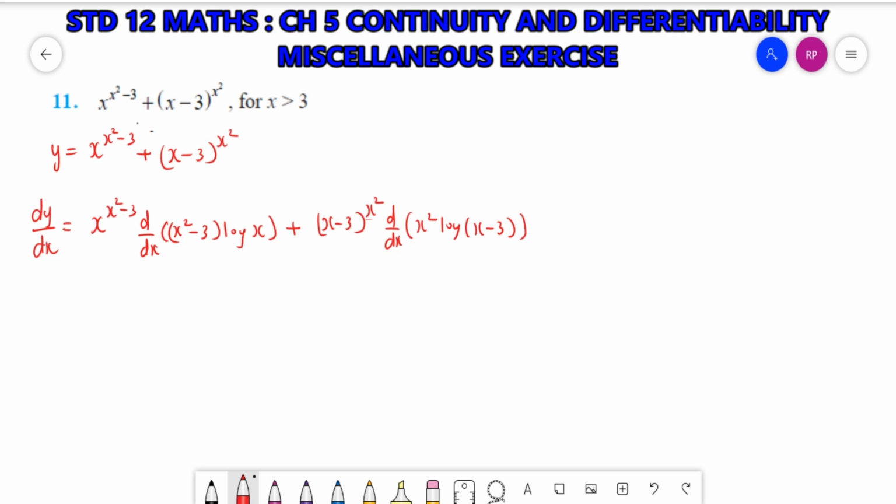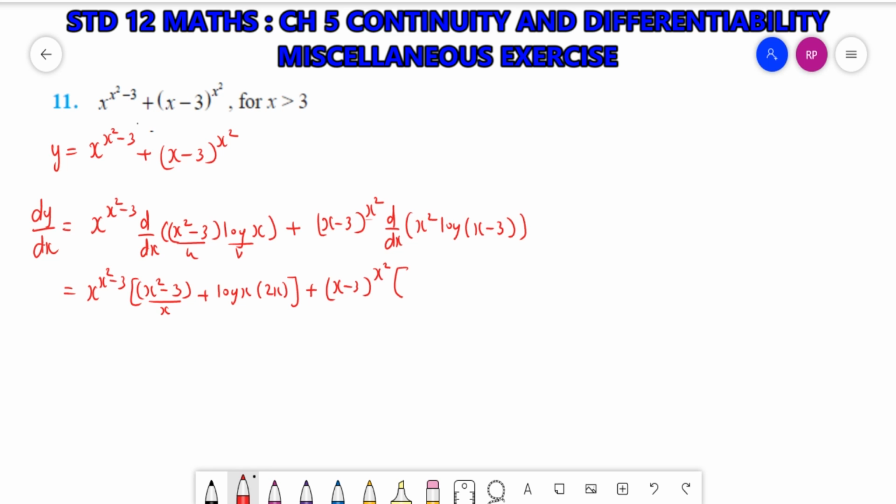Okay, so now x raised to (x square minus 3), uv, (x square minus 3) as it is, derivative of log x is 1 by x, so upon x, plus log x as it is, derivative of x square minus 3 is 2x, plus (x minus 3) whole raised to x square.